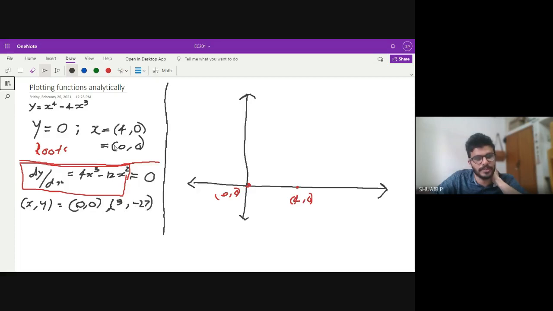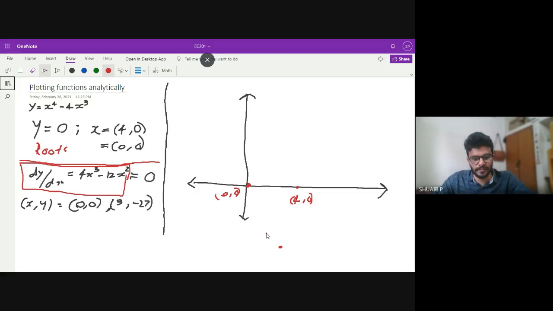If we substitute 3 into this function, we will get the corresponding y value, which will be minus 27. So we got additional information here: one extrema will be 3, minus 27.